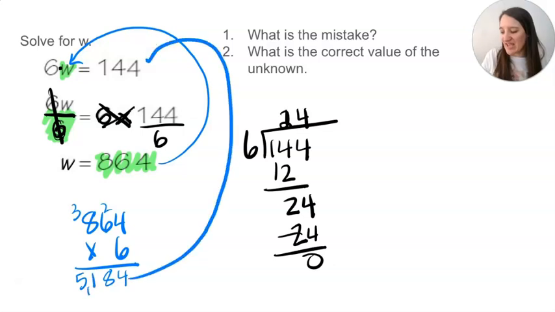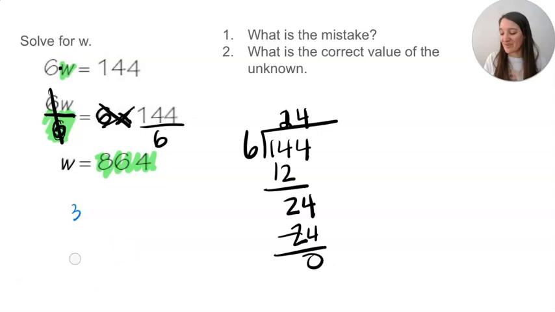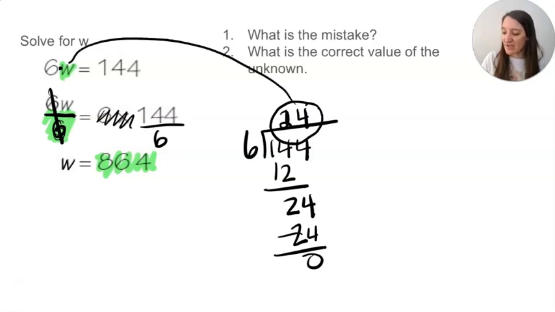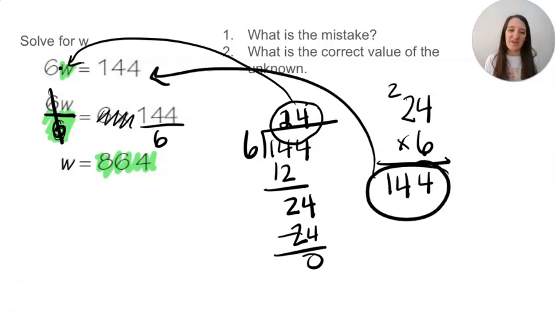That is not the same as 144. And they could have been like, all right, what did I do wrong? Ah, I see what I did wrong. I shouldn't have multiplied right here. I should have divided. And so then they could now check the 24, plug it in, and go 24 times 6. And seeing that that would have got them 144, which would have got them right where they need to be.